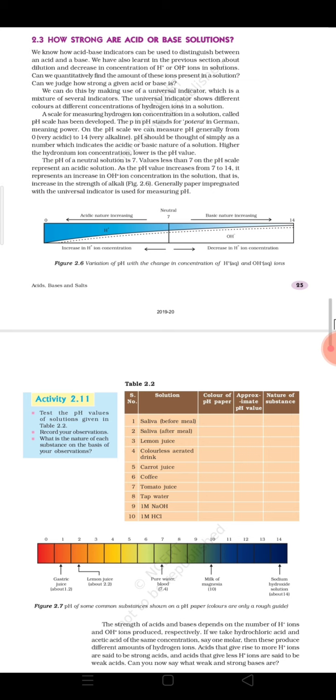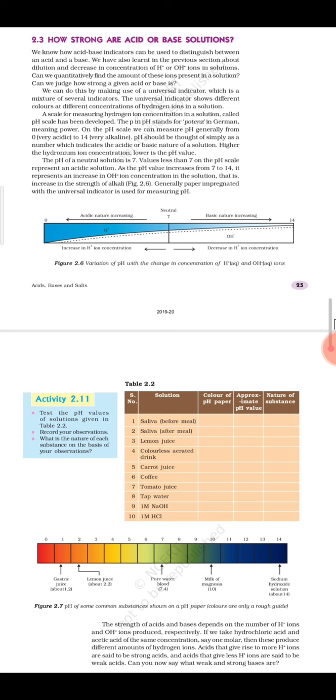This is also very important, so underline how pH paper shows different readings with different compounds. It is because in the aqueous solutions of different compounds, the concentration of hydrogen ion is different. On the basis of the difference in the concentration of hydrogen ion present, the pH paper shows different values on the pH scale.